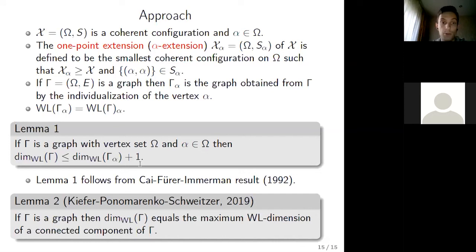This lemma, which was proved by Kiefer, Ponomarenko, and Schweitzer, reduces the question on the Weyl dimension of our graph to the question on the Weyl dimension of its connected components. And in some sense, we may always assume that our graph is connected. So this also usually helps us. So I think it's a good idea to stop here. Thank you for your attention and patience.